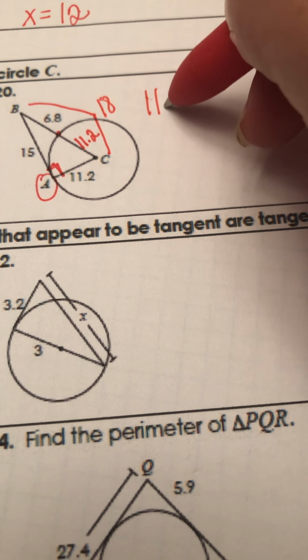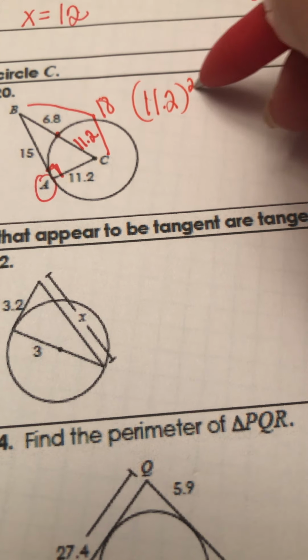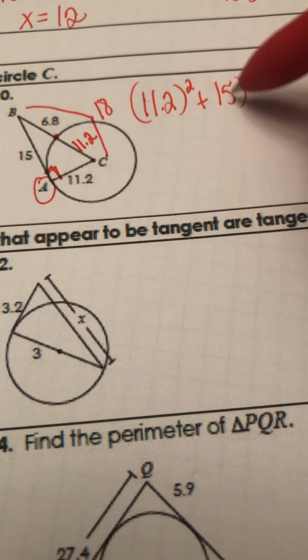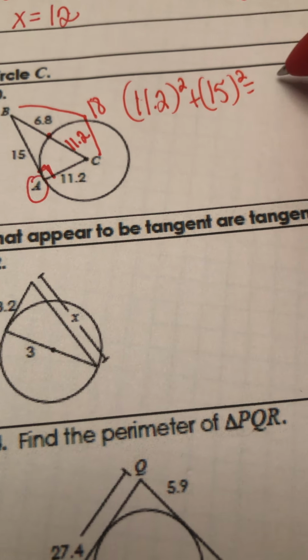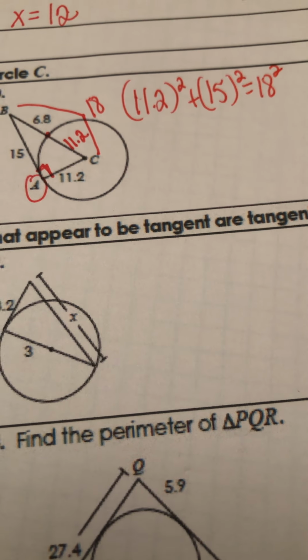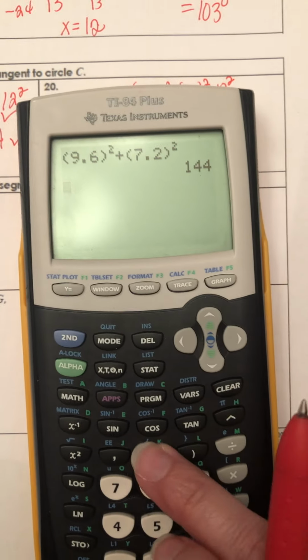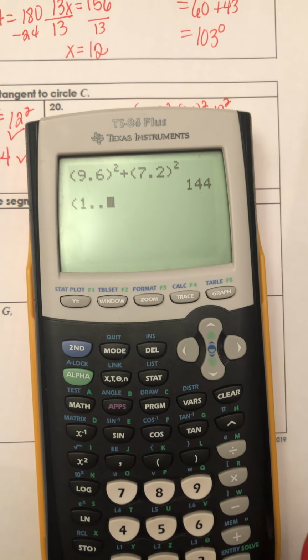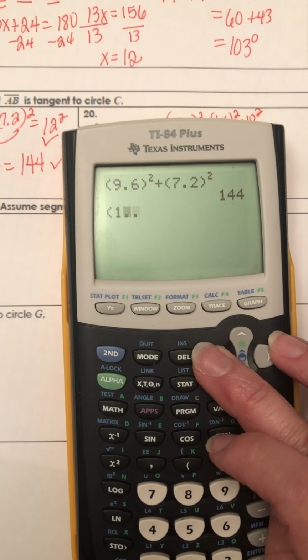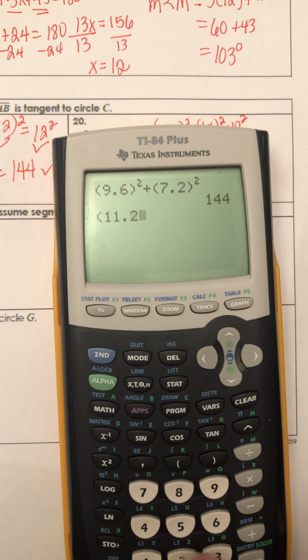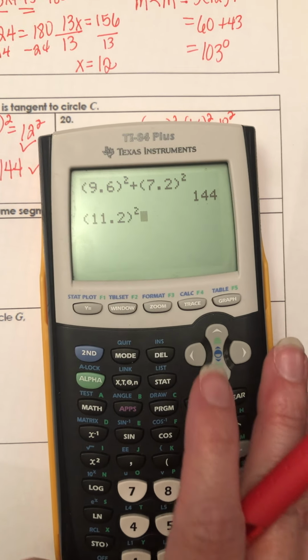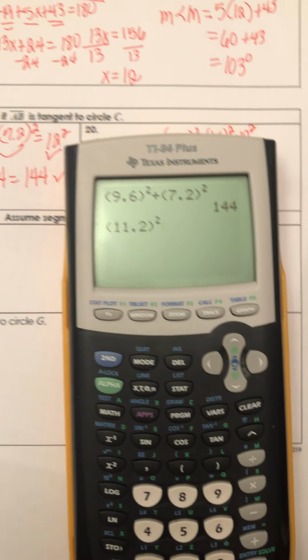So if I do A squared plus B squared equals C squared, it should balance out if AB is a true tangent line. So let's go to our trusty calculator once again, and we'll do 11 2/10 squared plus 15 squared.